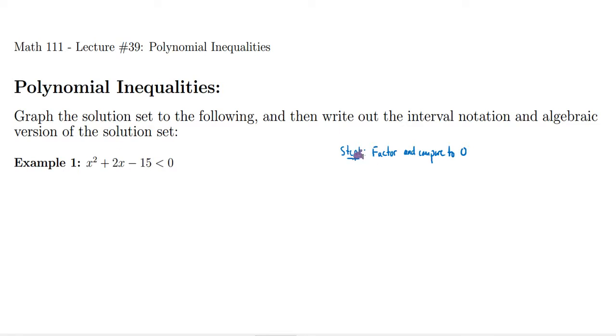So we're going to factor what's on the left here. And then what you're going to do is find the zeros as if this was equality.